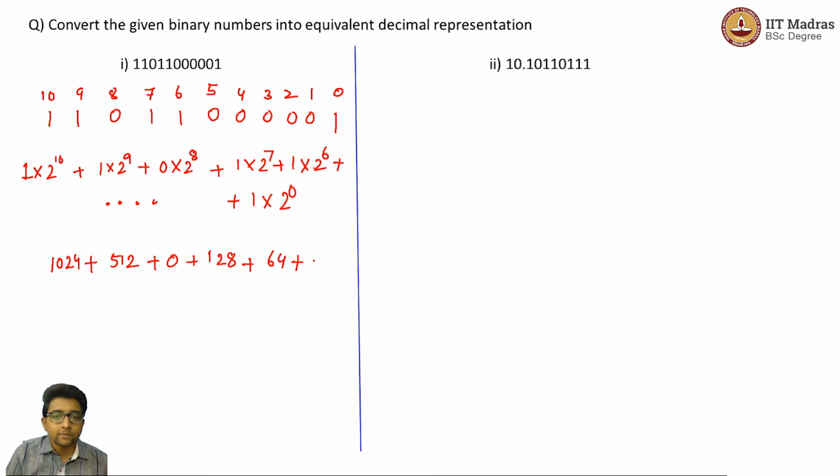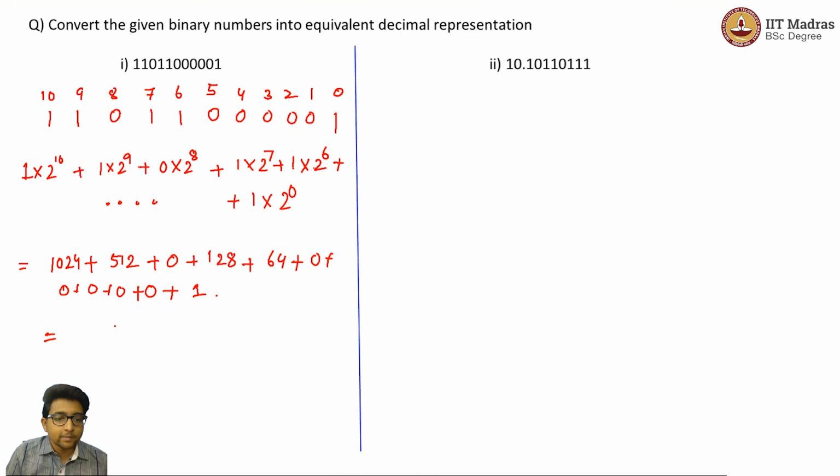Now you see there were 5 zeros over here, so all those terms will be 0. And finally 1 into 2 to the power of 0. Anything to the power of 0 is always 1, so it will be 1.